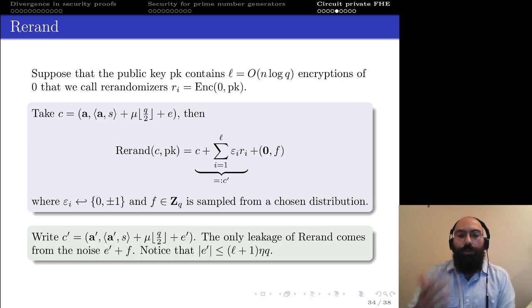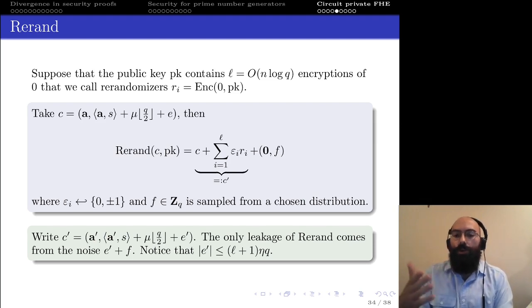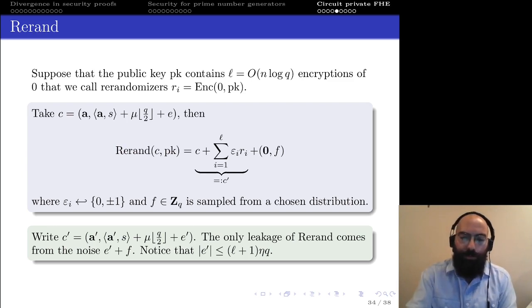Now what you can show is that the only leakage that comes from rerun depends only on the noise of C prime and on the noise of F. So this is the point you need to analyze in order to do the security analysis.